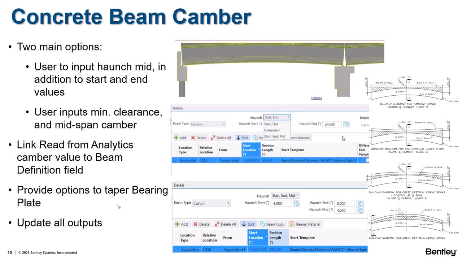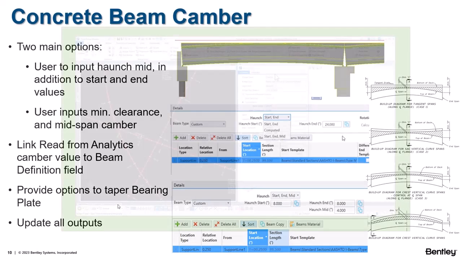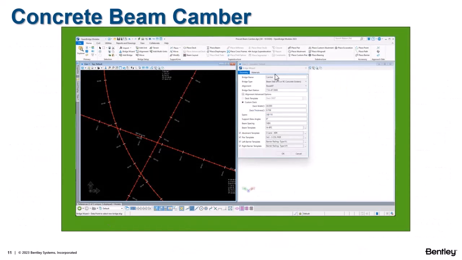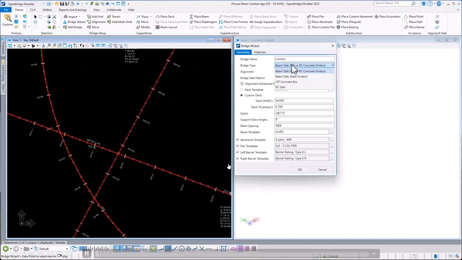And the last option, the new one included in this 2023 release, is the start, end, and middle. So you specify three different haunch definitions there, and the software will calculate it appropriately and show that in the 3D model.